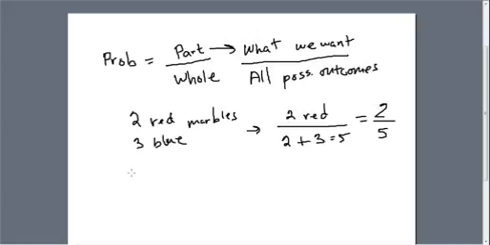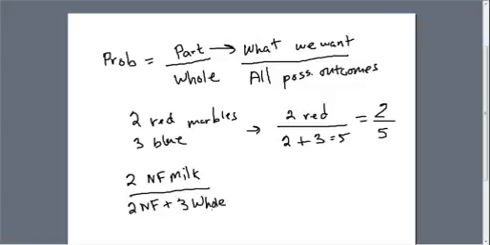So going to this question, it's very similar. They just worded it differently. They're using the example of milk. There are 2 non-fat milk cartons, and the total number of cartons that you can pick out of the refrigerator are the 2 non-fat plus the 3 whole milks.